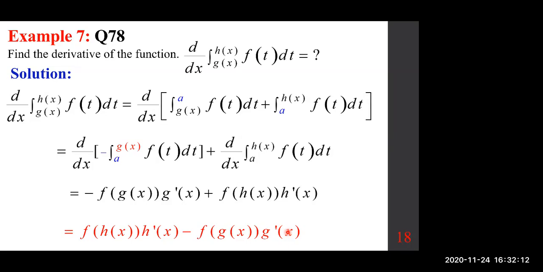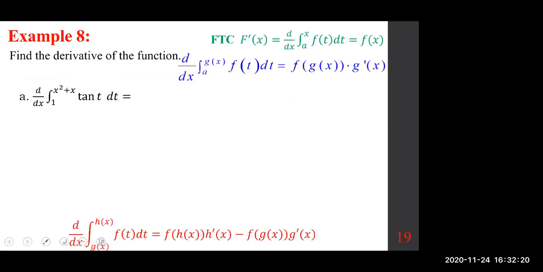Let's look at some examples for that. All right, let's first start with what we did before, the original one. So the derivative, when we are going from a number, a constant, such as a or 1, doesn't matter, any number, pick any number, doesn't matter. And the top is a function, you just put the function in.